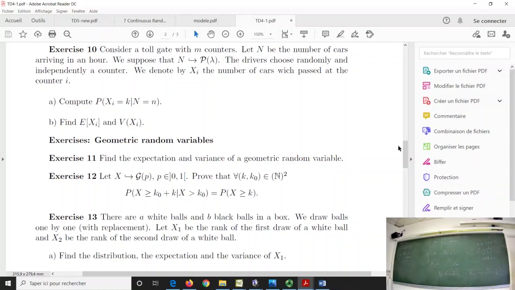So you have two questions, A and B, and B is related to this one. Okay, so I want to compute this probability, and I have computed this one. Do you think about a result from the course?